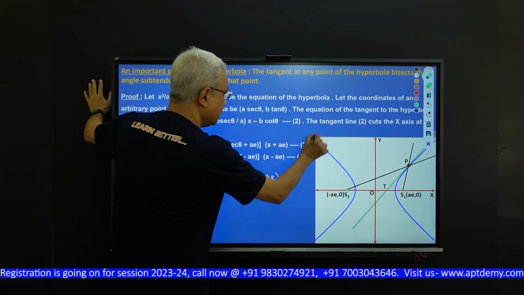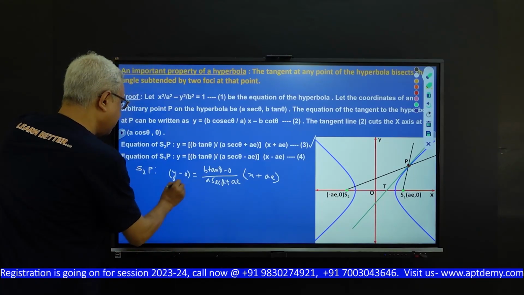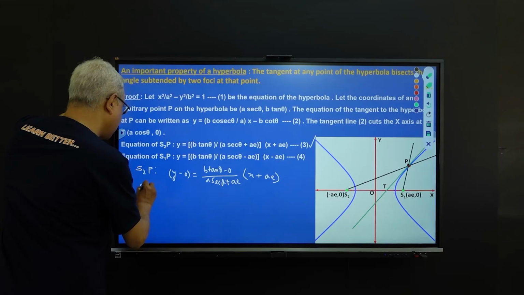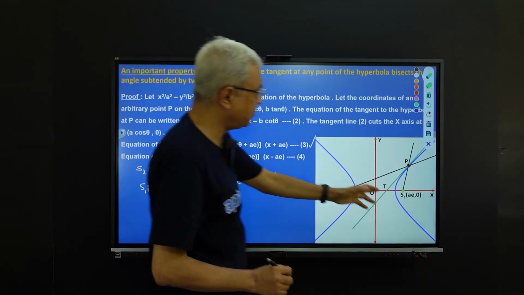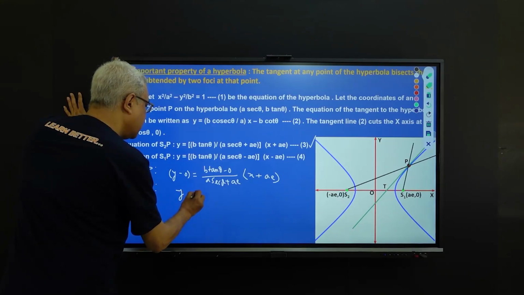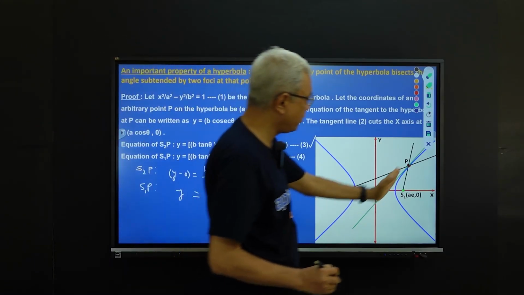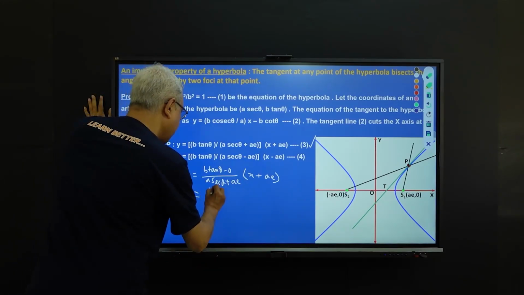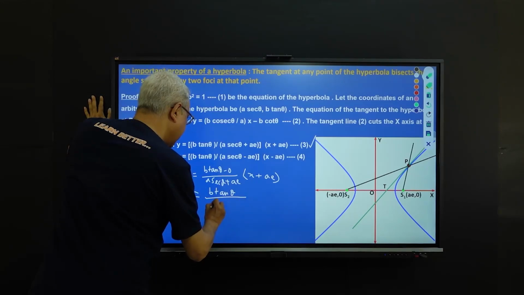And similarly, y minus 0 is y basically, and S1P's equation is again y minus 0, that is y equal to the gradient of S1P, which is actually b tan theta by (a sec theta minus a).